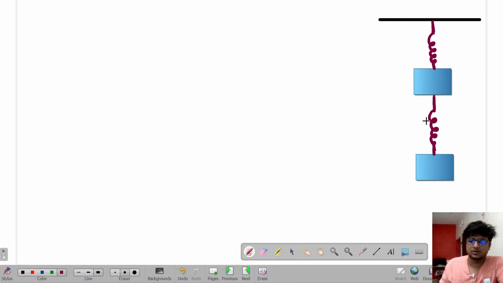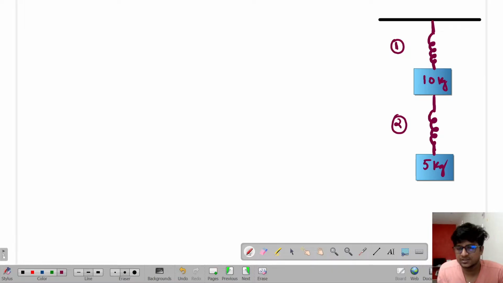Okay. So this is 10 kg. This is 5 kg. Initial state. Let's suppose this is the first spring and this is the second spring. Then in the first case, if I cut the first spring, find the acceleration of both blocks. Second case, if I cut the second spring, then the acceleration of both blocks. That is your homework for today.